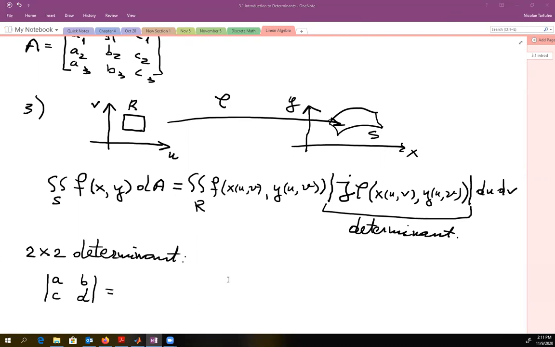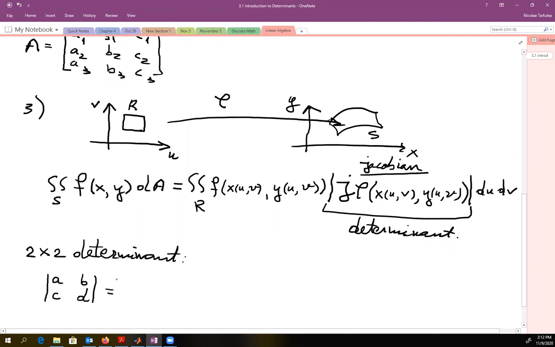Okay, Jacobian. So this is the Jacobian. In fact, it's the determinant of the Jacobian matrix, which plays the role of the derivative for multivariable functions. Okay, you should know this from Calc 3.